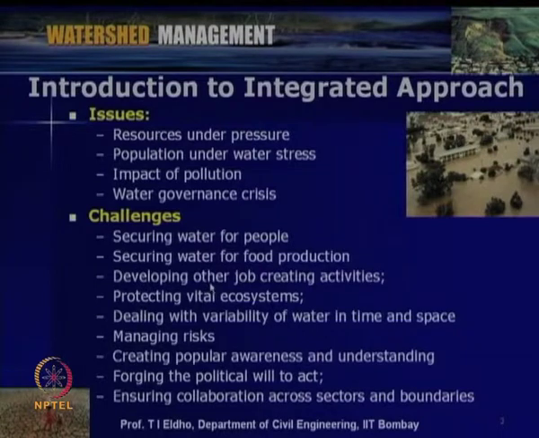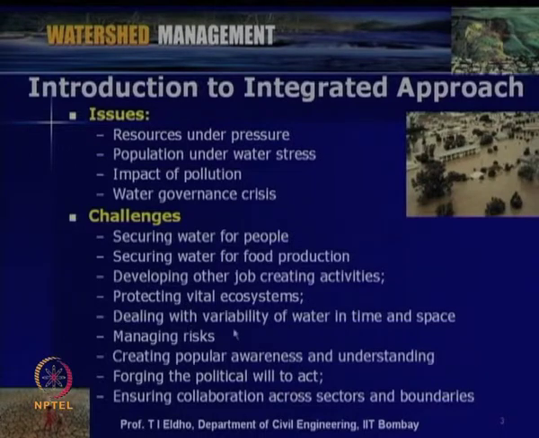Then developing other job creating activities within the watershed. Then protecting the vital ecosystems. We have seen that for the sustainable management of an area, we have to look into the ecosystem. So, we have to protect the various aspects related to the ecosystems. For that, water is very essential.